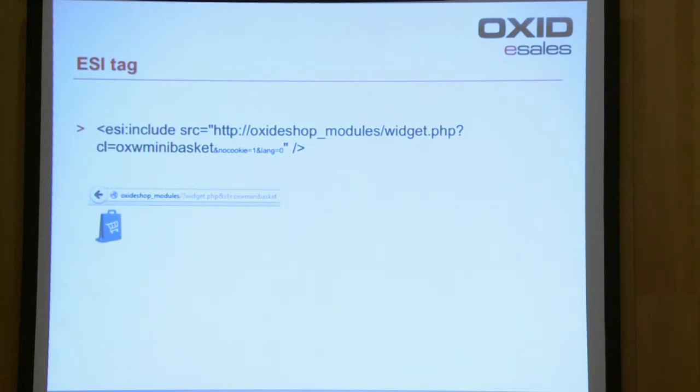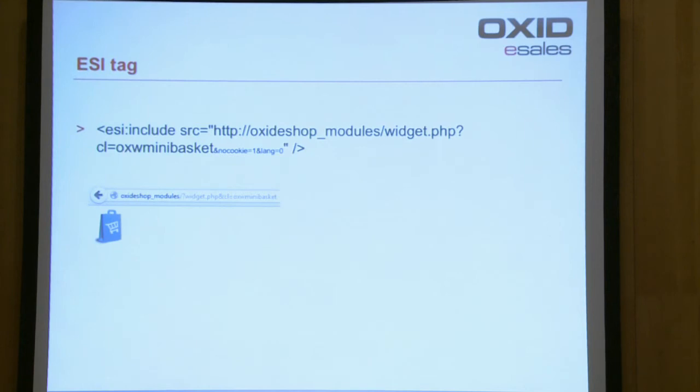An ESI tag is a simple HTML element which tells the caching system that it needs to call some page, and it will get the rendered result. And this is not something that Varnish invented. ESI is something that is provided as a standard by the World Wide Web Consortium.